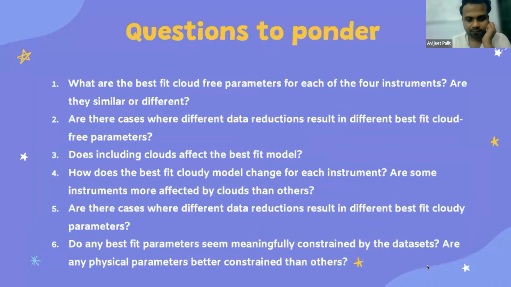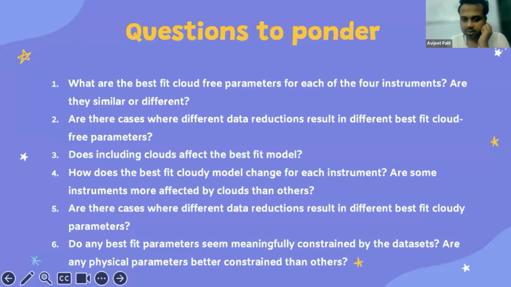Next slide. In this project, we actually have to answer 6 questions. First being, what are the best fit cloud-free parameters for each of the 4 instruments? Are they similar or different? Second question being, are there cases where different data reductions result in different best fit cloud-free parameters? Our third question is, does including clouds affect the best fit model?